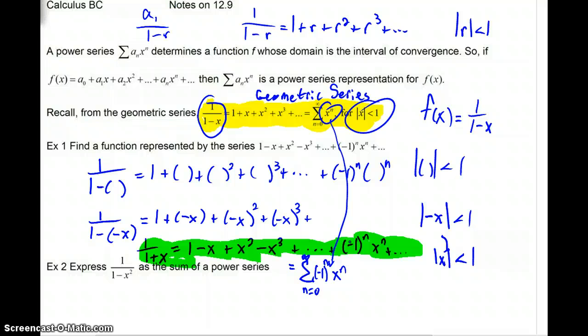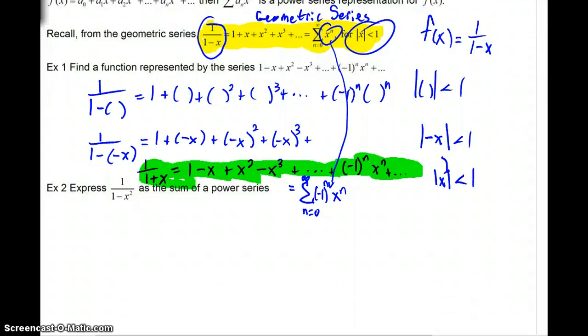Okay, let's take a look at example 2. Express 1 over 1 minus x squared as the sum of a power series. Well, if I may, let's immediately take a look at the very first statement in yellow that we had up in here.